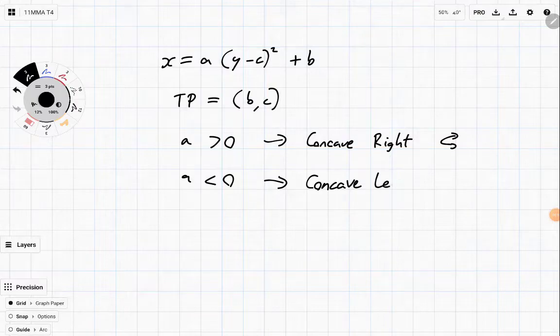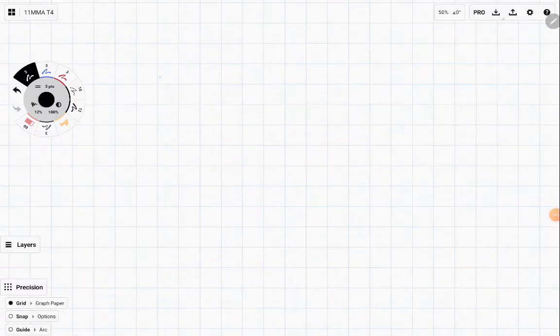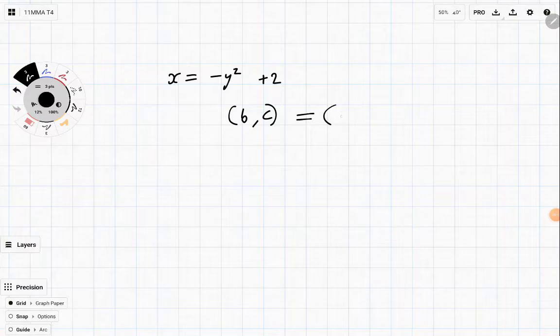Alrighty, so let's actually try to sketch a couple of these. So let's have x is equal to minus y squared plus 2. In this case, (b, c) is equal to (2, 0), right? Because remember the form is x equals a(y minus c) squared plus b.